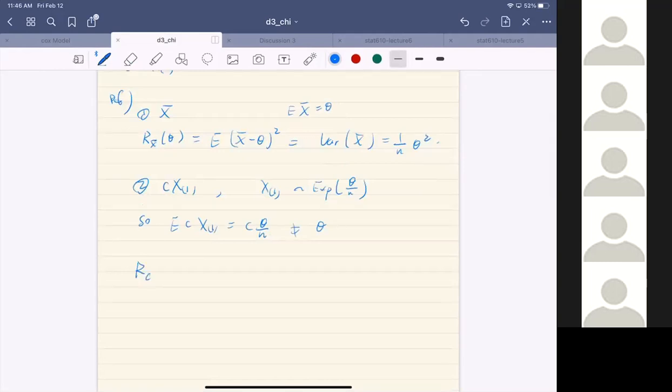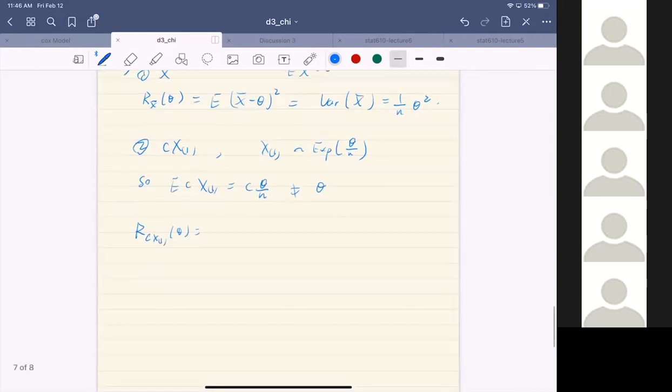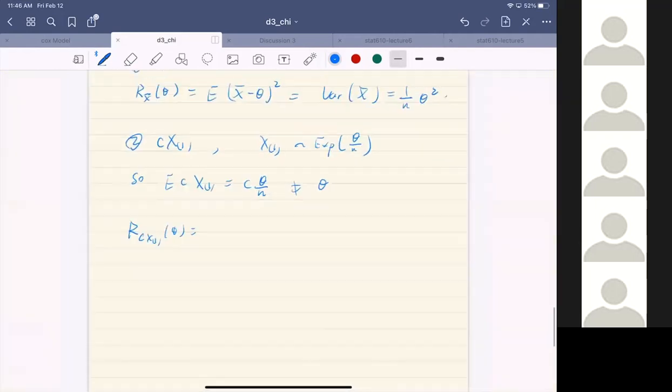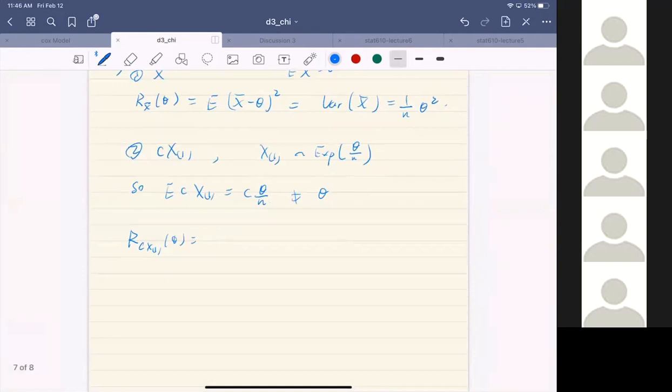So the mean square error may equal the variance term of CS1 plus the bias term. So the bias term is this minus the theta square.